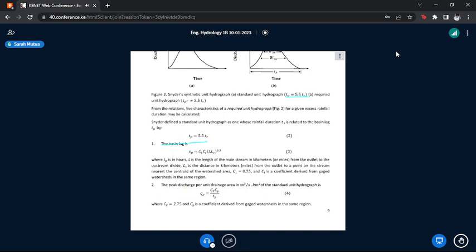The second characteristic is the peak discharge per unit drainage area, QP, and it is given by another constant C2 times a constant CP divided by TP that we calculated in relationship number 1. So QP is C2, which is 2.75.